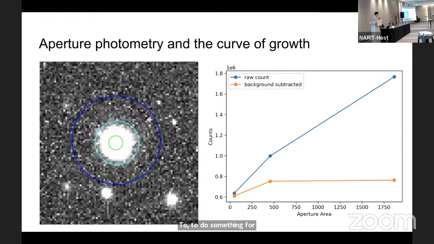But when you do that, there's a correction called aperture correction to make sure that the measurements made using different sizes of apertures can be compared with each other. And that is another thing that we'll look at using the notebook right after this.